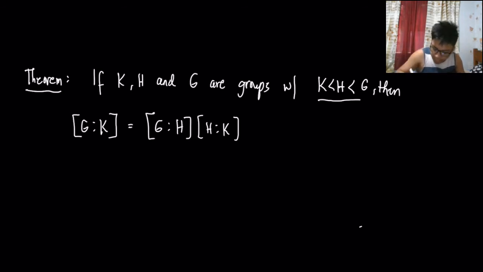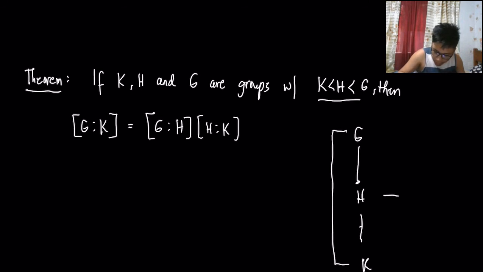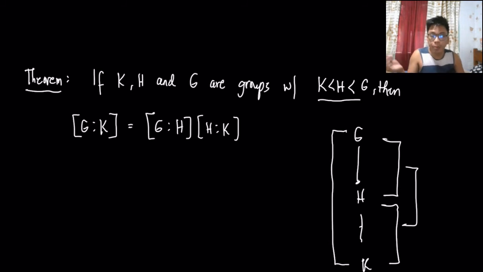It's basically like a tower here: you have G here, H here, and K here. Basically, the index of K in G is the same as the product of the index of H in G and the index of K in H. So you're just combining these two here and you get this. So how do we prove that?